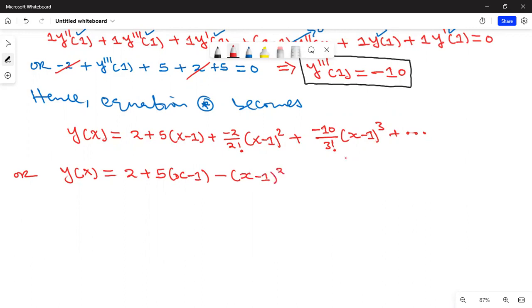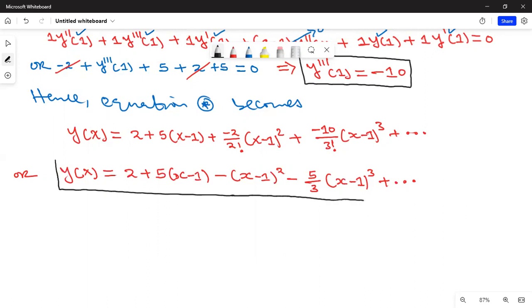Then 3 factorial is 6. So what is -10 over 6? That's -5 over 3. So we write here -5 over 3 x minus 1 cubed. And there are so many other terms which we have left out. So this one is our solution.